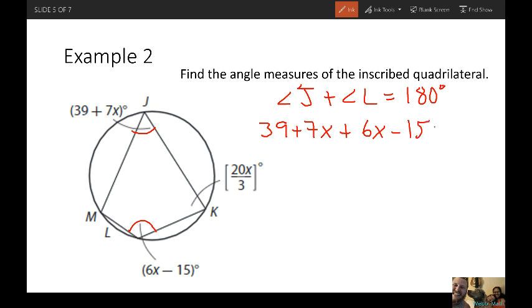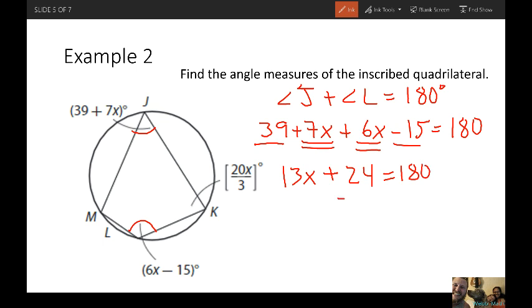And again, they all add up to 180. Combine like terms, we have 39 with the minus 15 and 7x with 6x. So you have 13x plus 24 equals 180.